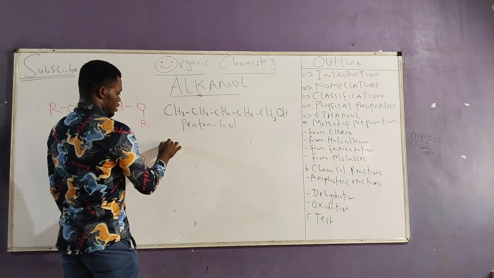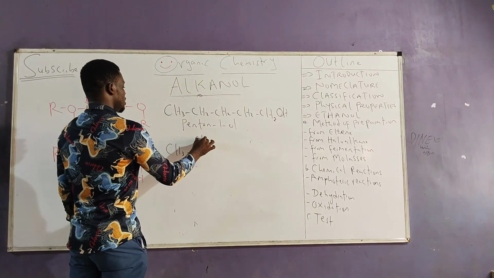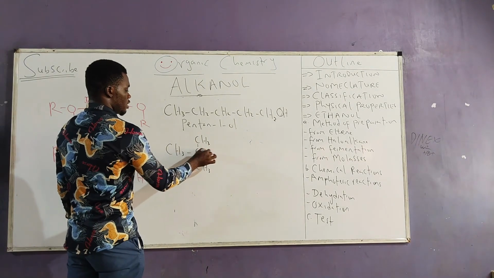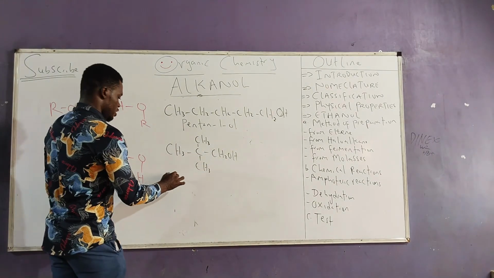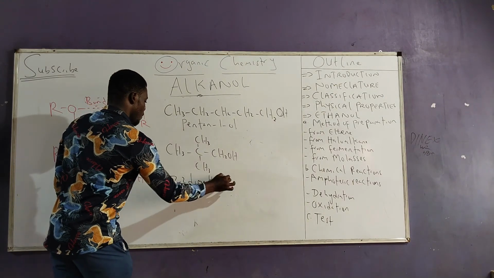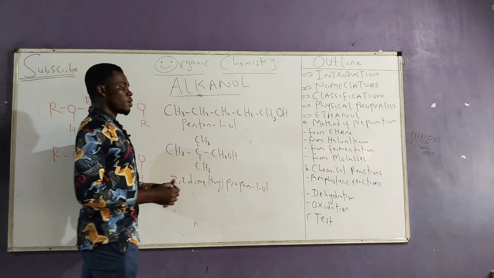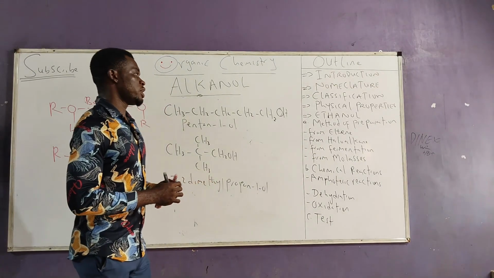I can have CH3, this is CH3, this is CH3, 1, 2, 3, 4, this is CH2OH. If I were to name this compound, this is 2,2-dimethylpropan-1-ol. So if I compare these two compounds, which should I expect to have a higher boiling point and a higher solubility?